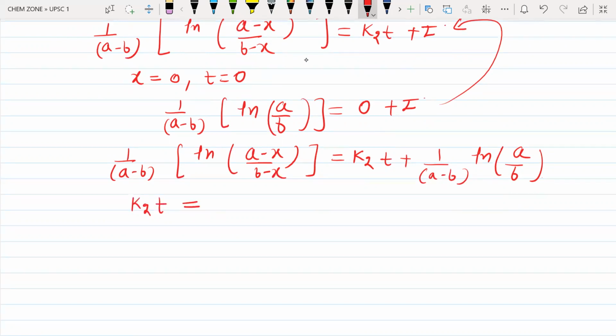We can write this equation as, we take 1 upon a minus b common from both the parts.